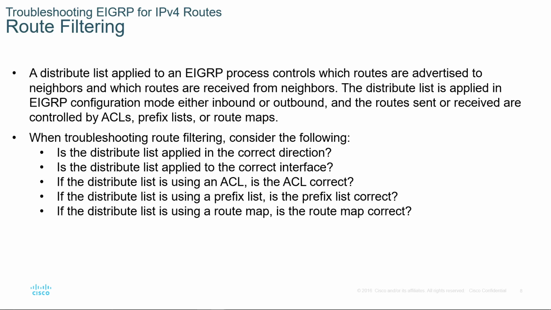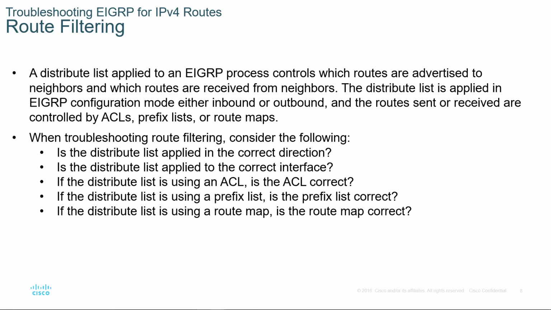Now, we looked at distribution lists using ACLs and IP prefix lists. We didn't look into route maps, but they're just another way of filtering your updates and selectively removing or excluding networks from those updates going to and from devices.